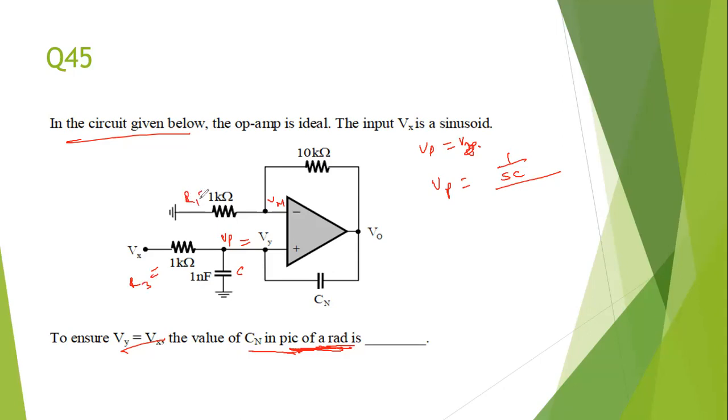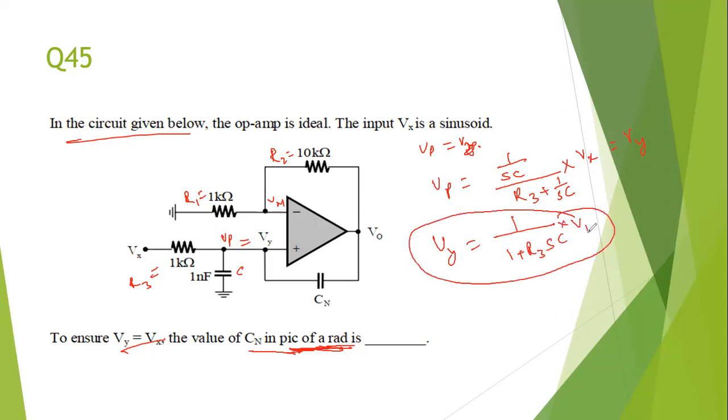Let's say this is R1. Let's say this is R2. So this is R3 plus 1 upon Sc into Vx. And this is equal to Vy. So Vy equal to 1 upon 1 plus R3 Sc into Vp.